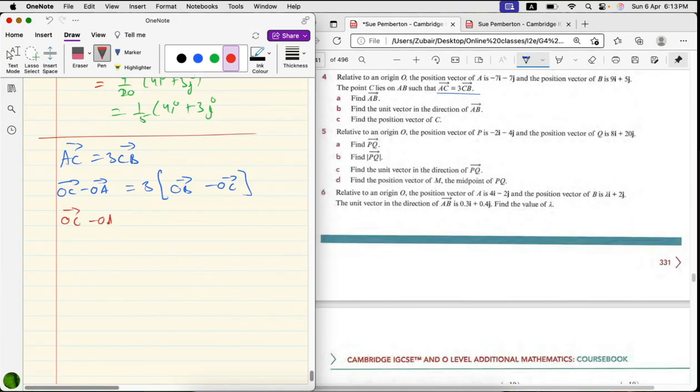OC minus OA equals 3 times OB minus 3 times OC. This comes to the left hand side, making it 4 OC equals 3 times OB plus OA.